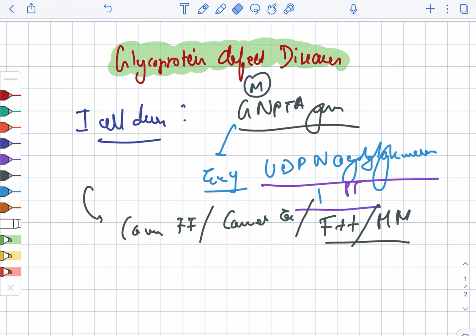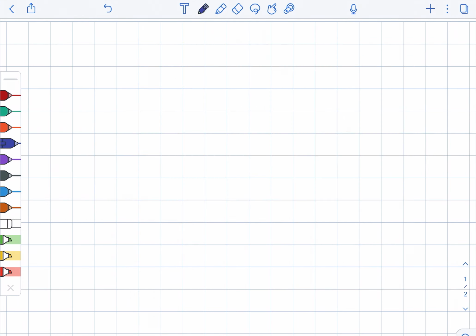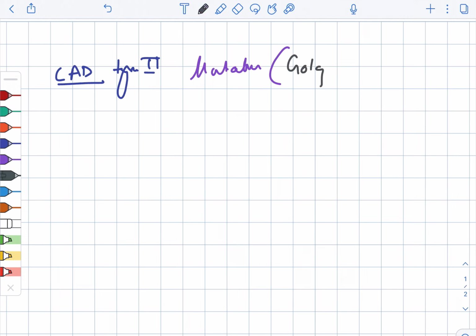Next we are looking at leukocyte adhesion deficiency, type 2. Here there is a mutation affecting the Golgi-located GDP-fucose transporter.